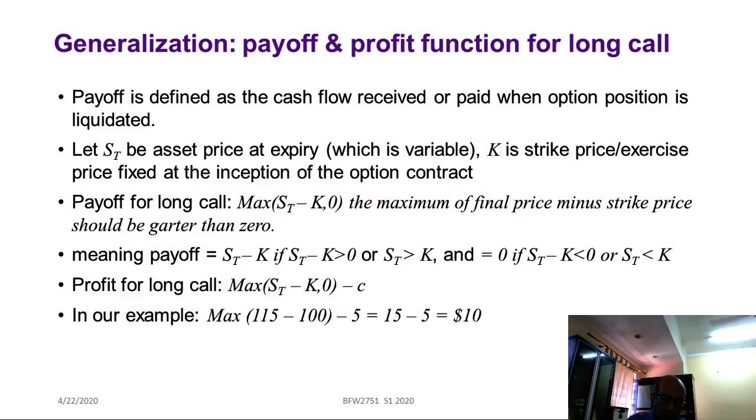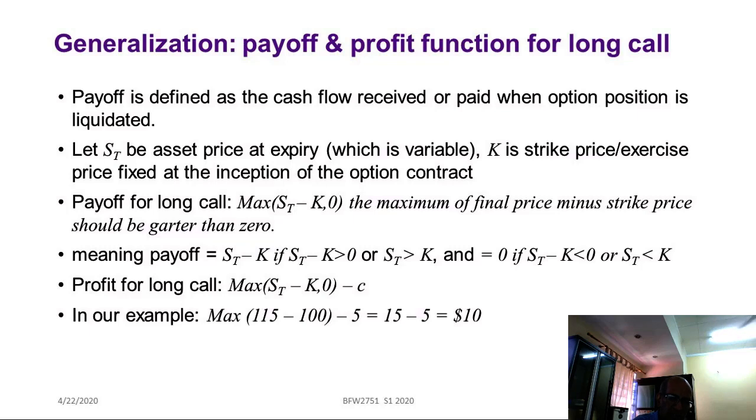Coming back to our example, the payoff generalization equation for a long call is the maximum of ST minus K and zero. If ST minus K becomes negative, we don't write a negative value; we write it as zero. But you are in the money region if you exercise it. That's why the payoff for a long call is the maximum of the final price ST minus strike price K, and zero.